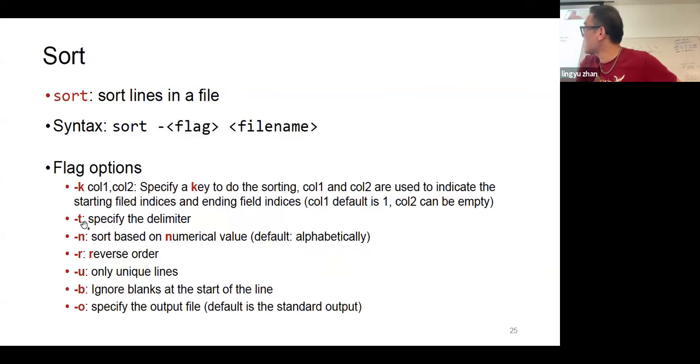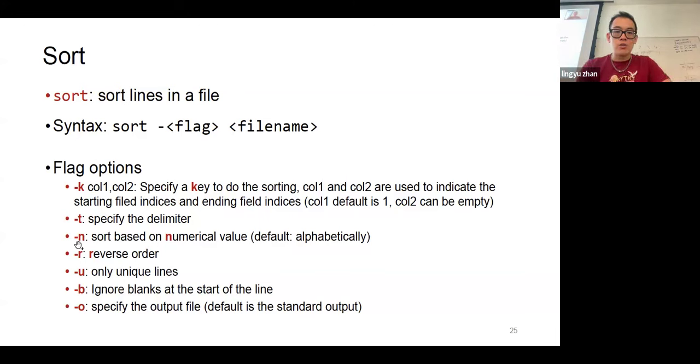The dash t allows you to specify a delimiter. For example, if your file is a CSV file, like comma separated, you can specify a comma there. If your file is separated by tabs, you can specify a tab there, so that it breaks up your file and determines where the column that you're looking for is.